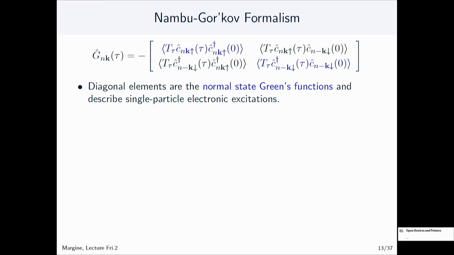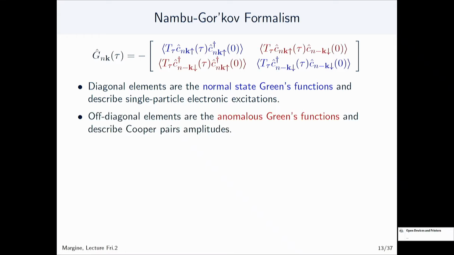Now, if you look at the off-diagonal elements, you either destroy or create particles, but these are in different states. One state is with momentum k, the other with momentum minus k, and they are spin up and spin down. As I said, this is what we have when we form a Cooper pair.